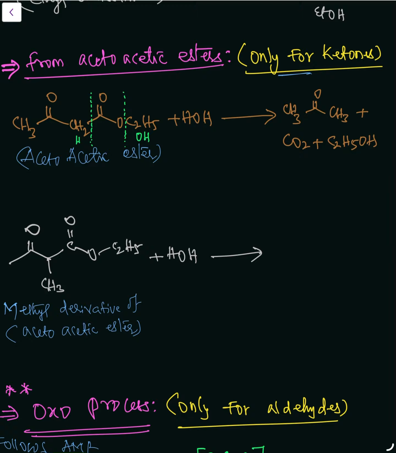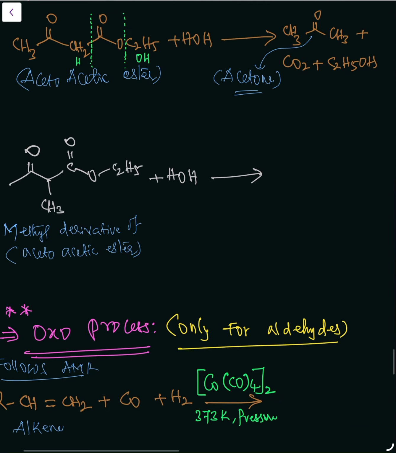Now what is the carbonyl compound formed here? Acetone. Acetone is formed. Same way, let us see this reaction, that is CH3 C double bond O CH3 COO.